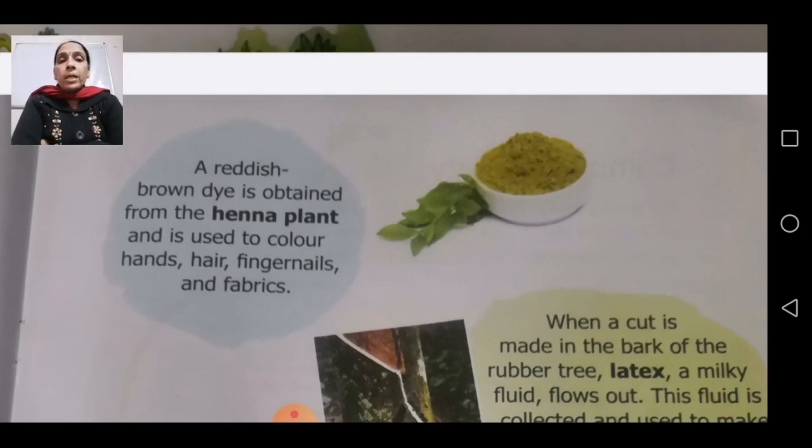Mehendi or henna plants are used to color hands, hair, fingernails and fabric. All these we can do with the henna plant.